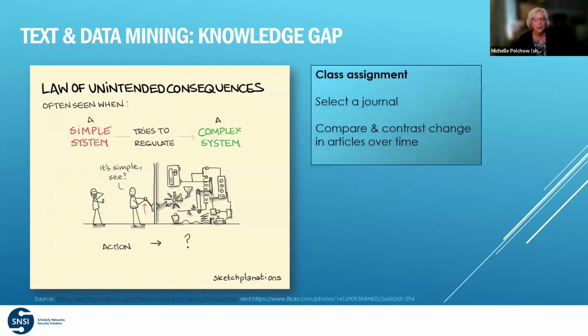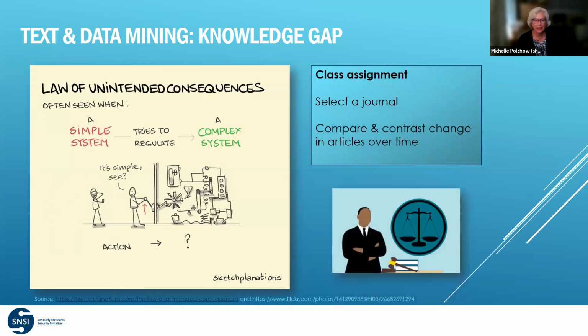So the email that I received once this was all done was a frantic email from the faculty who said, my students have come to me and said they followed my instructions to select a journal and to compare and contrast the change in the articles over the entire life of the journal.